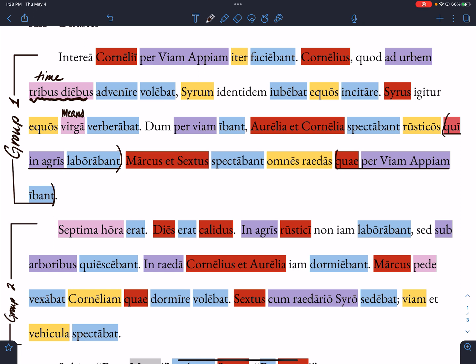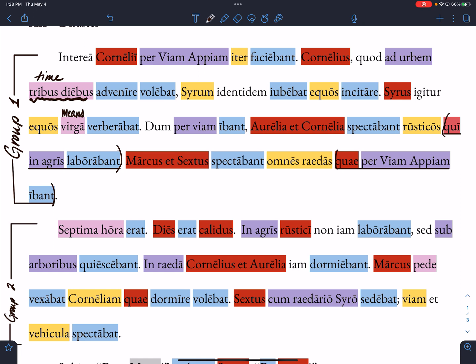Groups 2, 3, and 4, any questions on this chunk? Do we need a markup allowance? It might be a good idea to, but ultimately I wanted you to be very confident on your section alone. Yes, Arwen. Starting with Marcus and Sextus watched all the carriages.